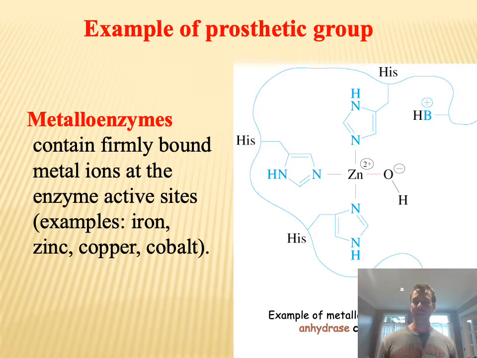Let's talk through the cofactors a little bit. First, the prosthetic groups. An example here would be metalloenzymes that contain firmly bound metal ions at the active site. For example, this carbonic anhydrase contains zinc at the active site. So this would be an example of a prosthetic group.